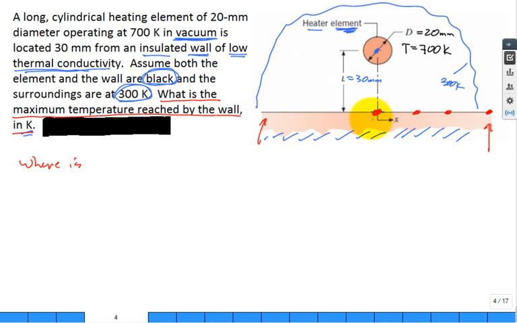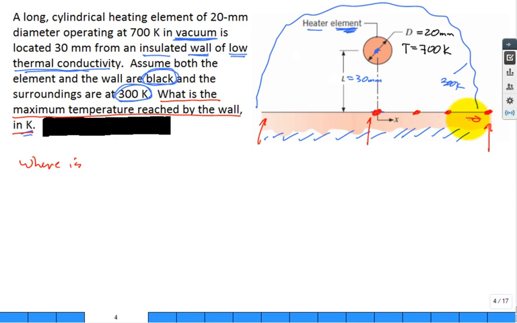So basically, I'd anticipate that's the location where the wall would have the maximum temperature. Out here, you can march way far away, and guess what the wall temperature is going to be if it's way far over there? 300 Kelvin. It's going to be 300 Kelvin.